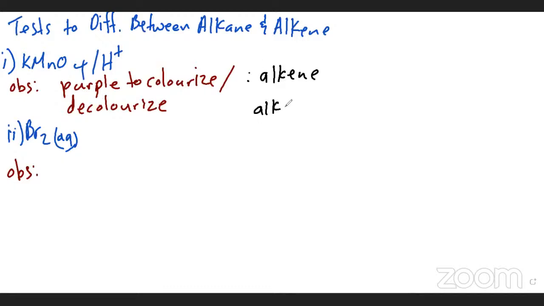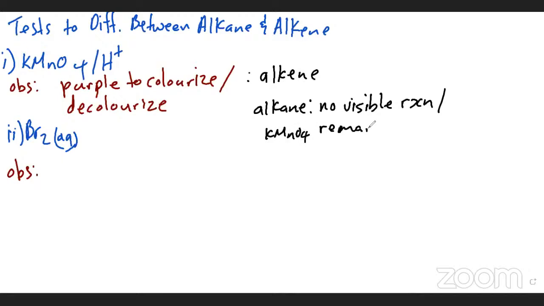For your observation for alkane, put no visible reaction, or you put that the KMnO4 remains purple. So the observation for alkene is purple to colorless, or it is decolorized. For the alkane, no visible reaction, or you say it remains purple.